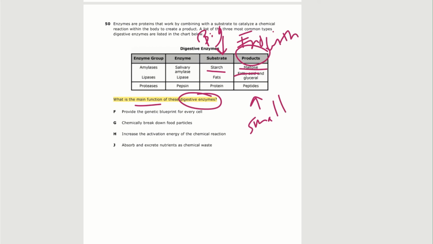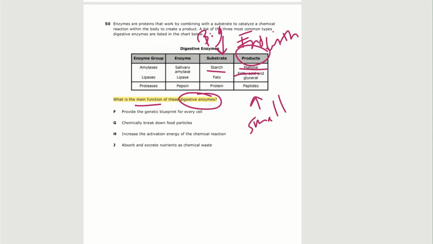Starch is a lot of hexagons. Maltose is like one. Fatty acid is just what makes up the fat. Peptides are like what make up the protein.